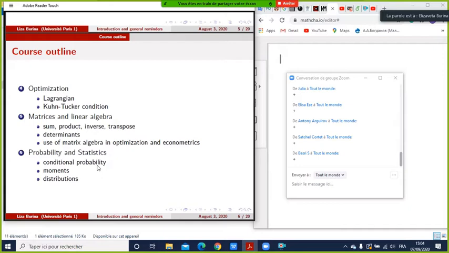Then in the end, we're going to go through matrices and linear algebra. Something that is not difficult at all, but we always forget the rules of how to invert, how to find determinants, especially when it's 3 by 3. This part will be very, very important for econometrics, more than for anything else.